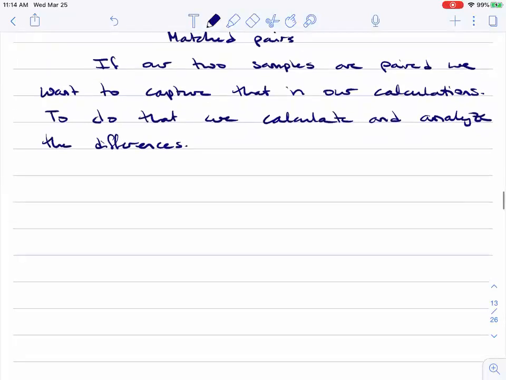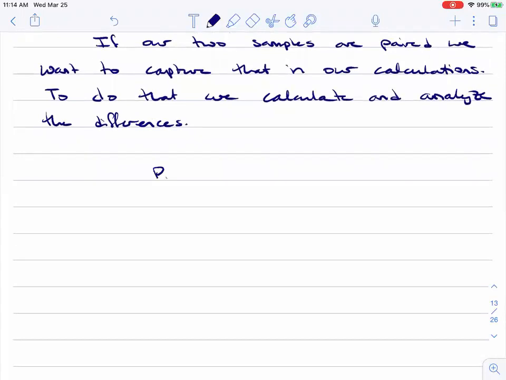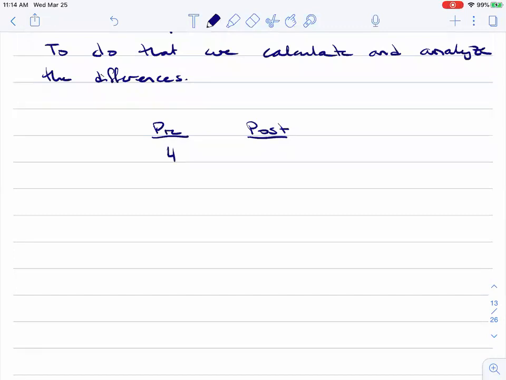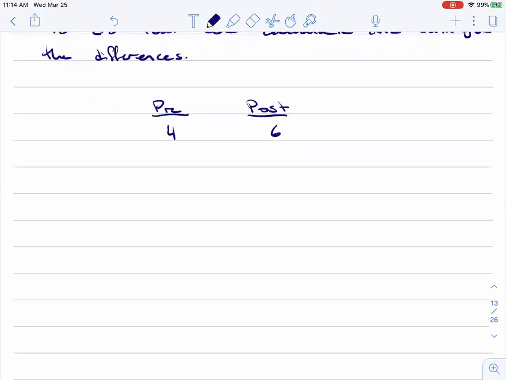Okay. And so if you've got a pre-score here and then a post-score here, right? So first score I got was 4, and then after whatever treatment I scored a 6, and then this person started at 15, but still increased to 16.